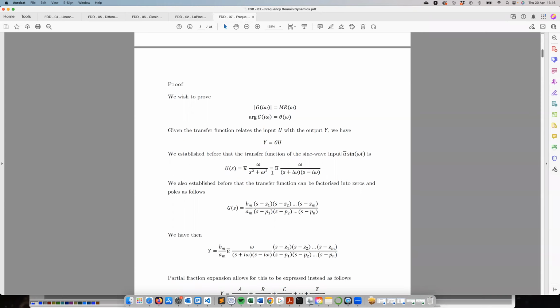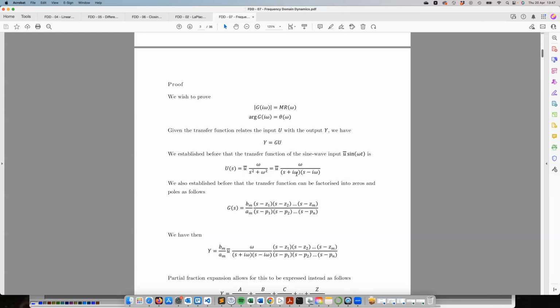Looking at this denominator, we've got s squared plus omega squared, and we know we can factorize that as s plus i omega times s minus i omega. And just check, if we multiply this out, we'll get s squared. Then s times plus i omega and s times minus i omega cancel each other out.